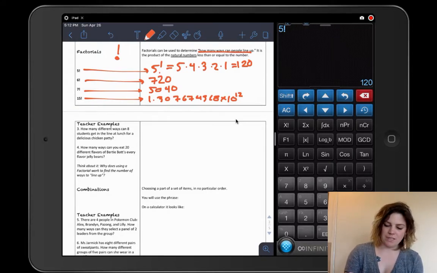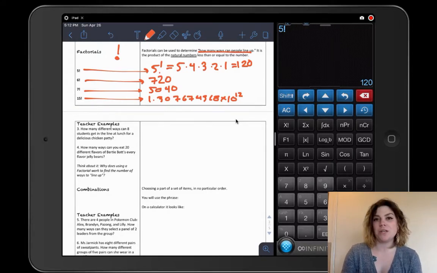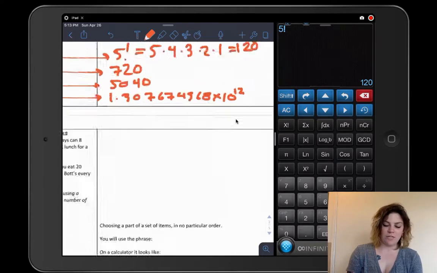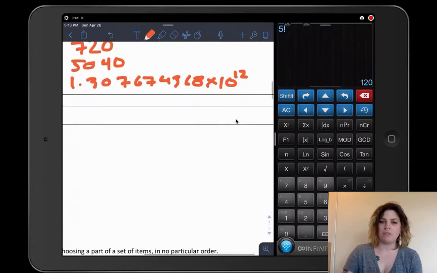So these factorials get really, really big, really, really fast because you're multiplying by a bigger and bigger number, the bigger the factorial that you're taking is. Now, when I did 15 factorial, I got this really big number in scientific notation. This 12 here means that I would have to move the decimal place over 12 times.